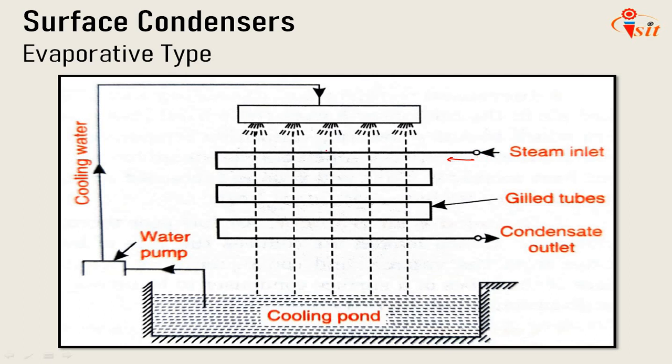The water pump sprays water on the pipes and the descending water condenses the steam. The water which is not evaporated falls into the open tank under the condenser, from which it can be drawn by the circulating water pump and used over again. The evaporative condenser is placed in open air and finds its application in small size plants.